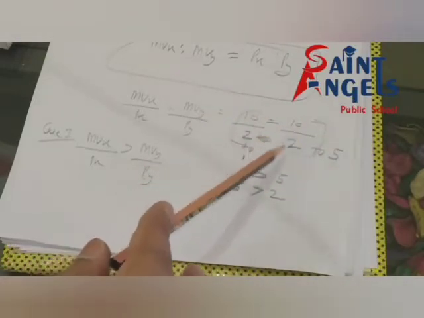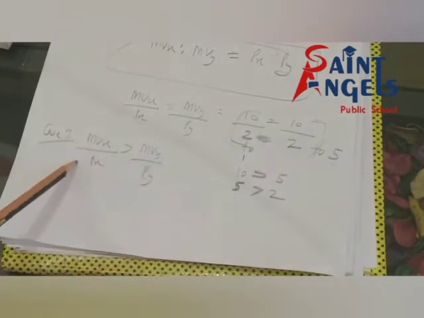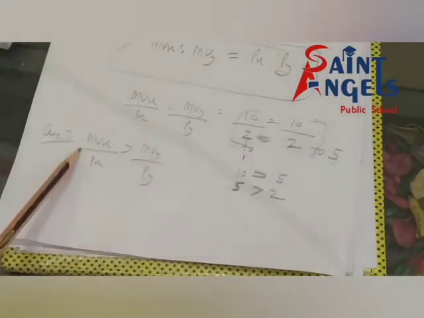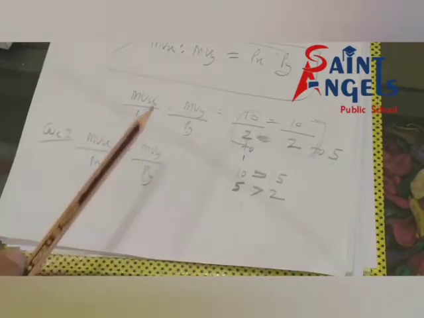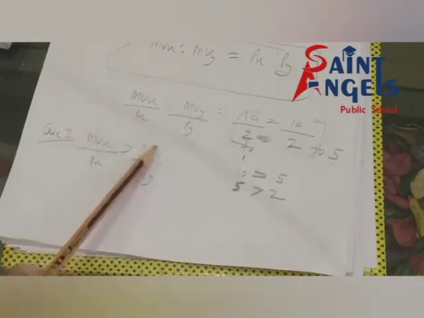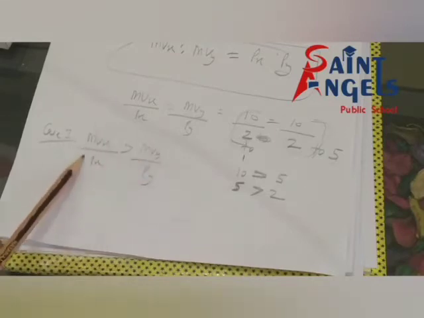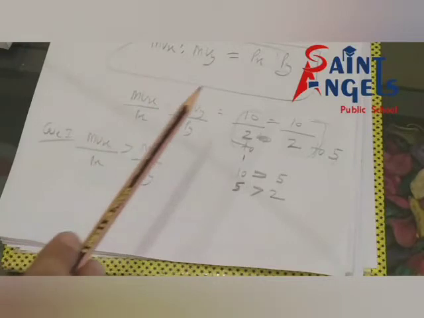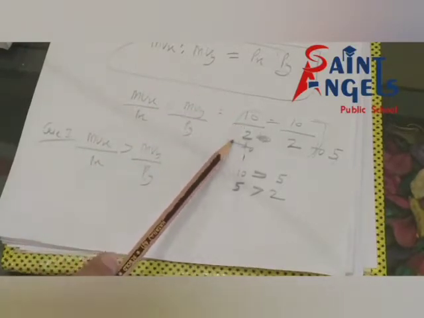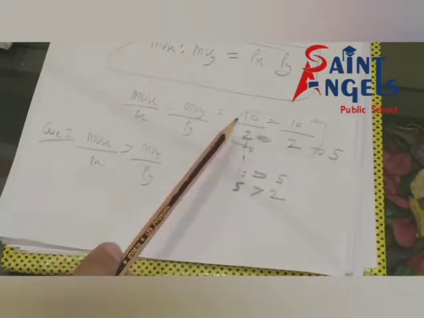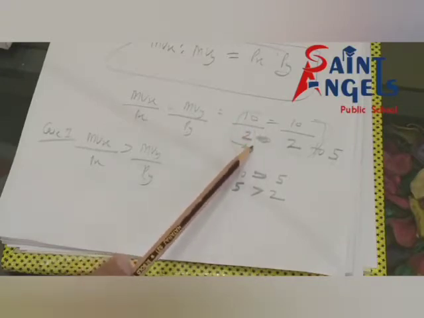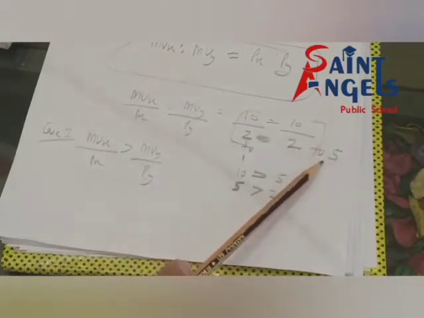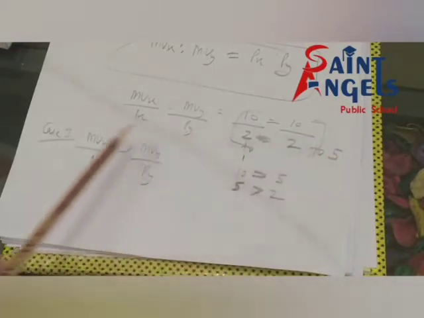I hope all of you have understood in which situation this exception condition will be created. This exception condition will be created only when either the price of good X decreases, or the price of good Y increases. I hope it is clear.